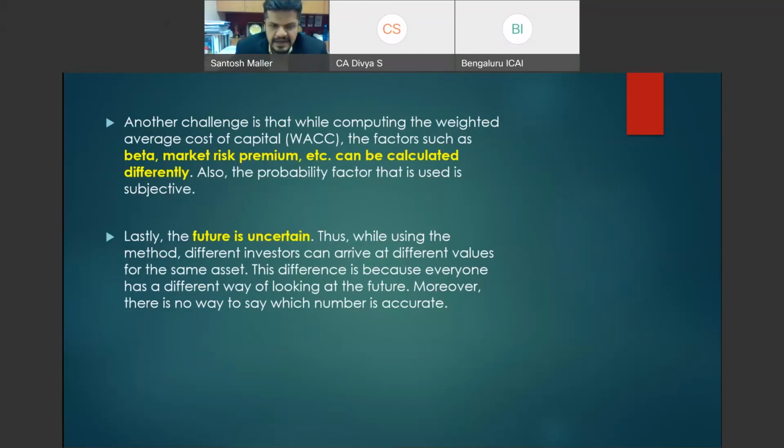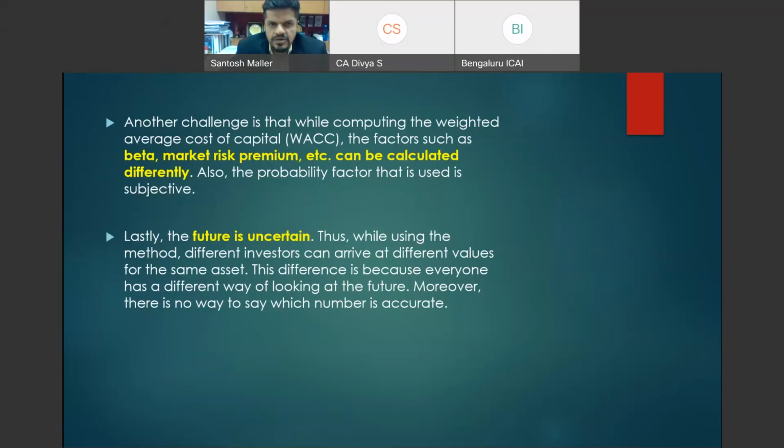Another challenging aspect, lastly, is that the future is uncertain. Pre-COVID, whatever future cash flow projections had been made had all gone for a toss, right? Even today, we all talk about market revival, and many optimists feel that we are out of the woods so far as COVID is concerned.